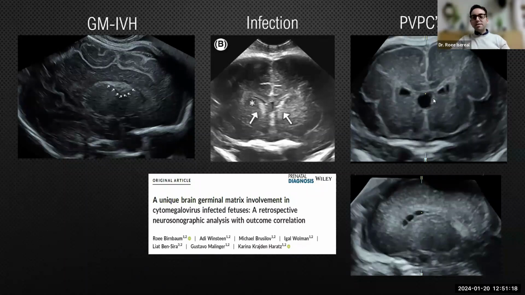Also the PVPCs, the periventricular pseudocysts that Gustavo described, and we know today, according to some literature, that when isolated, these findings carry a very good prognosis, regardless of their size, their laterality, etc. So you need to just confirm that these PVPCs are isolated, and I will not discuss more about this because you've heard about it.